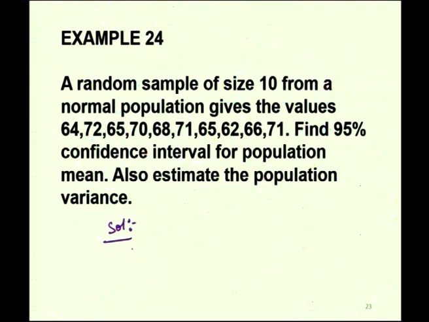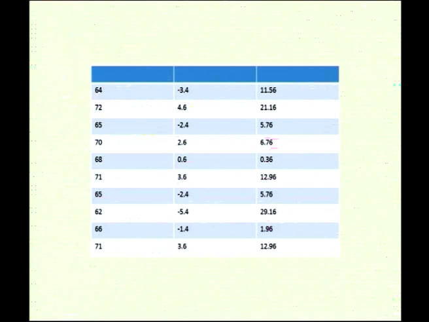Now, 95% confidence interval is required. Therefore, n is equal to 10 and this is a single mean t test. Therefore, the formula is t is equal to x bar minus mu by s divided by root of n, and this is the tabular column: x, x minus x bar, and x minus x bar whole square.